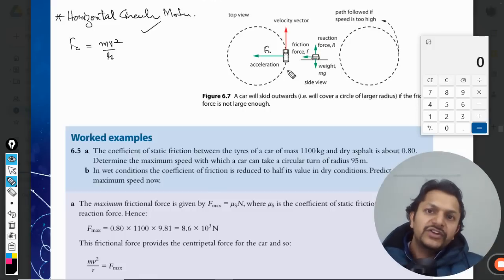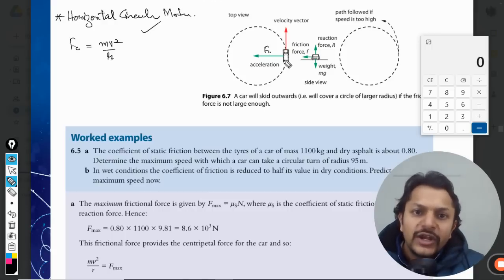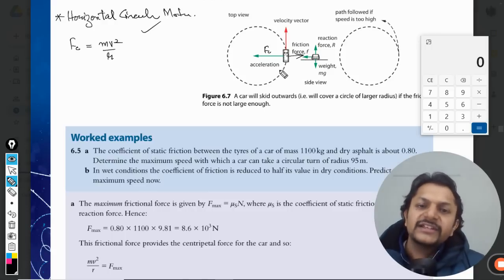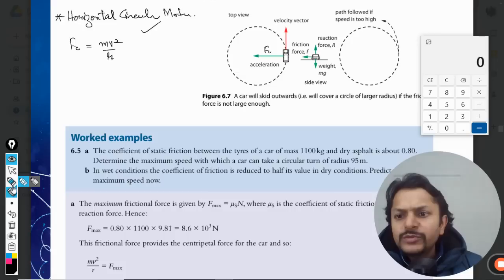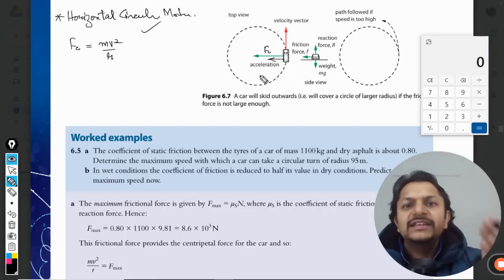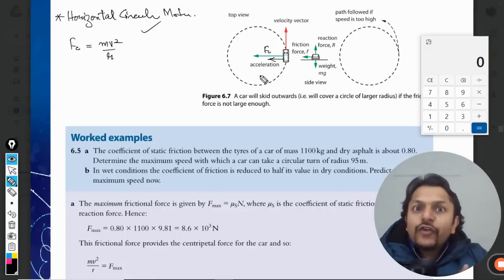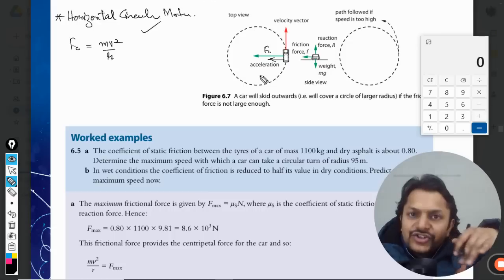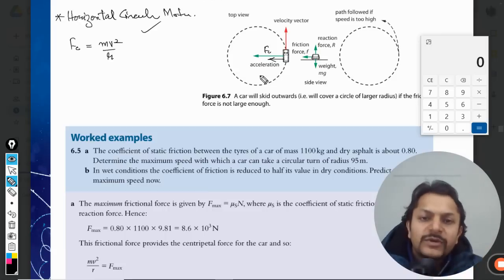So we have to find the friction. If it is not turning, it would be going in the opposite direction like this. It would be skidding in that direction. So we can clearly assume that the friction is acting in this direction, which is preventing the car from skidding, from moving away from the circular trajectory that is drawn there. It is not able to increase the radius. This is what we mean to say.